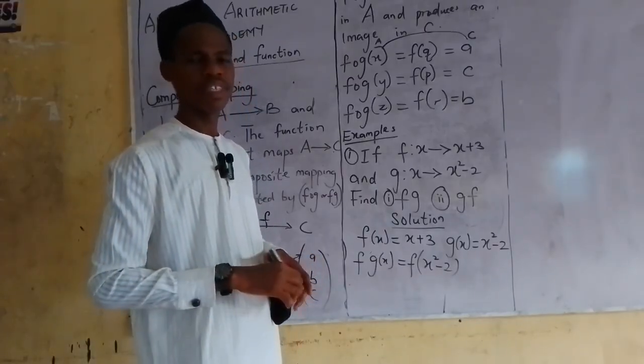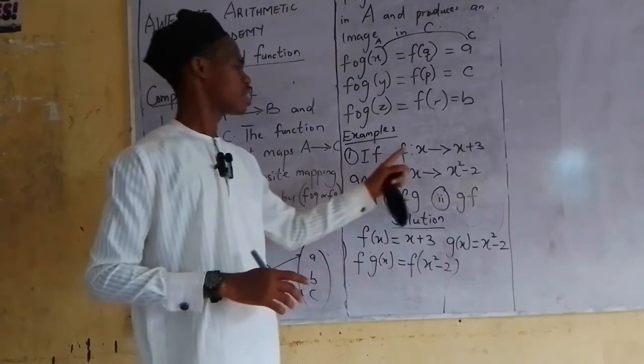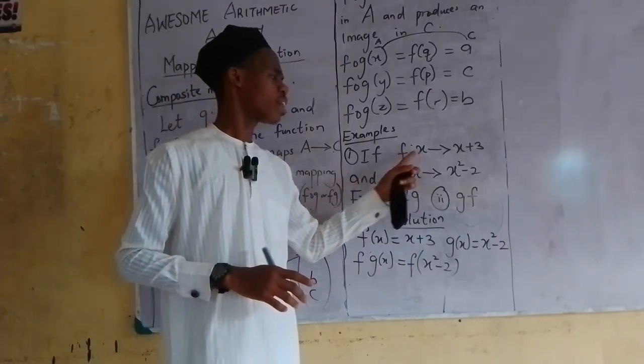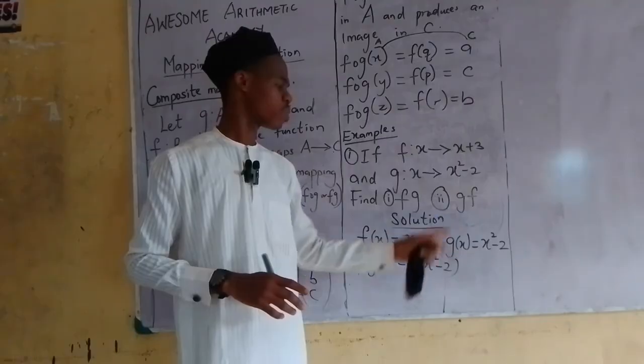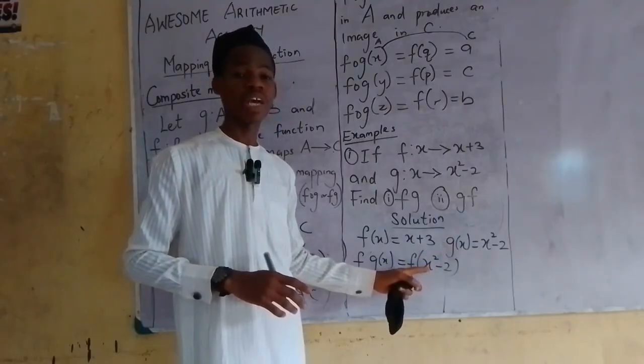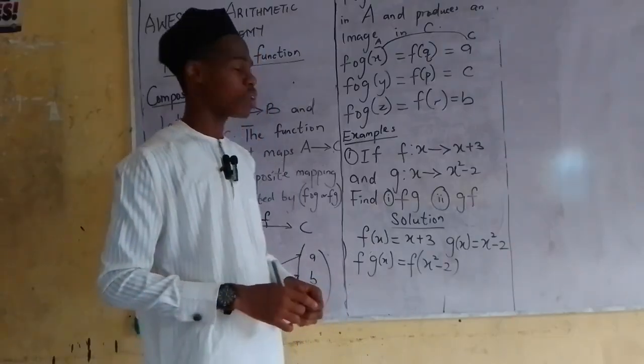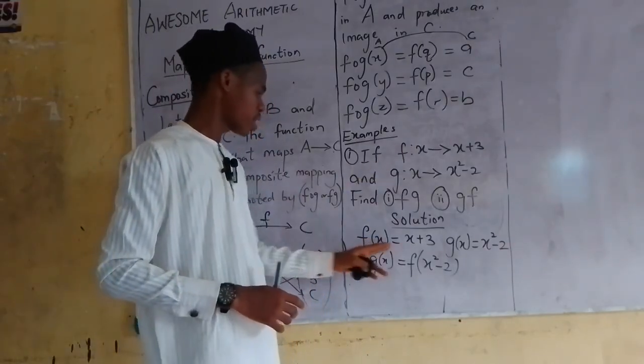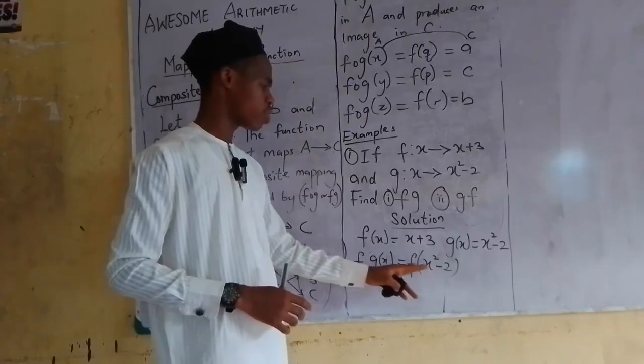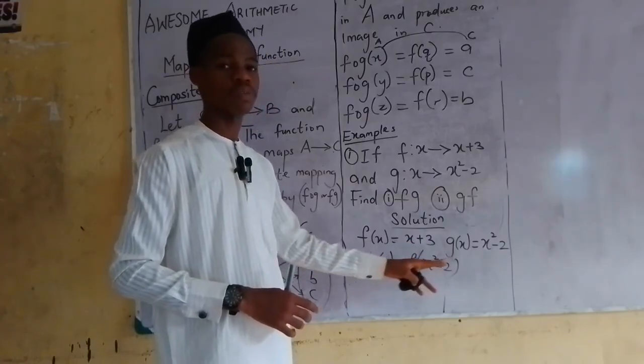What does this mean? Anywhere I'm saying x under f of x, I'll put the value x squared minus 2. I hope that's clear enough. Under f of x, instead of writing this x, I will write this value x squared minus 2.